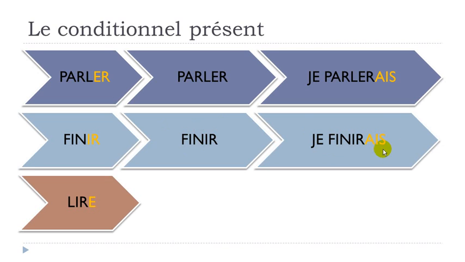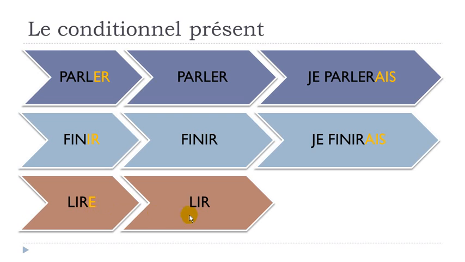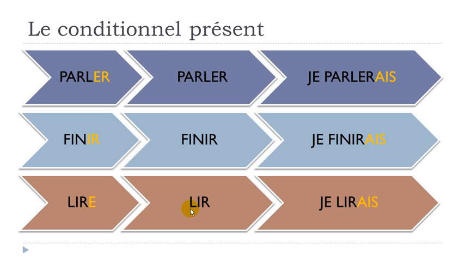Okay? For the third group of verbs, of course, we will have some exceptions. So we'll see that a bit later in this lesson. But still, the main rule is if it's ending like lire, to read, okay, with this final e, the idea is that you will take this away, as we quite usually do in French, okay, and after that you will add your ending.